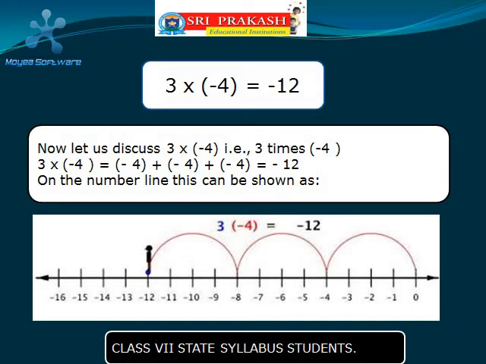That means on number line we have to take 3 blocks, each block having 4 units towards the left hand side of the 0, because minus 4 is there. So when we take like this, we reach minus 12. Hence the value for 3 into minus 4 is minus 12.